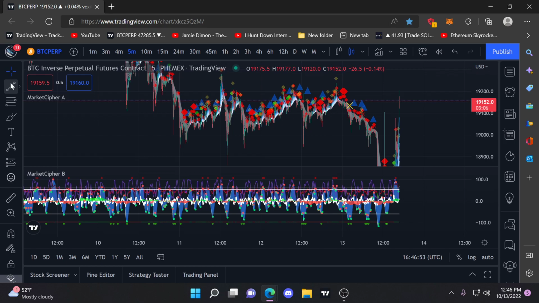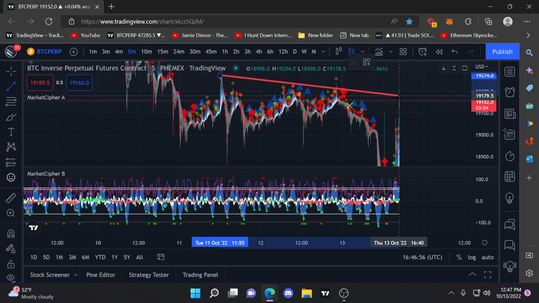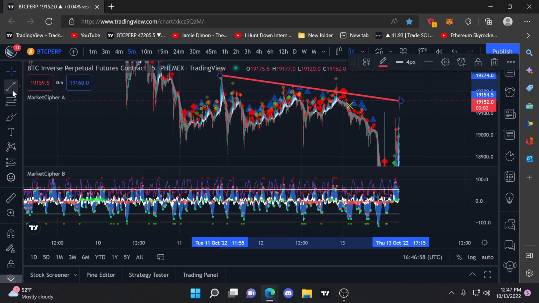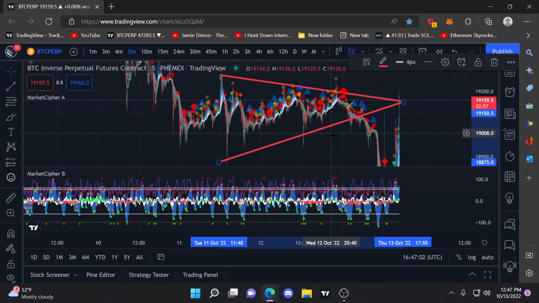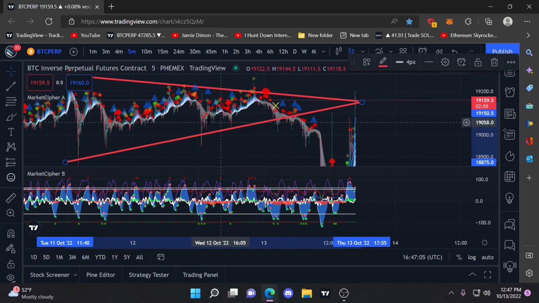Okay, this is a pretty big one. This isn't a wedge, but it is a triangle.